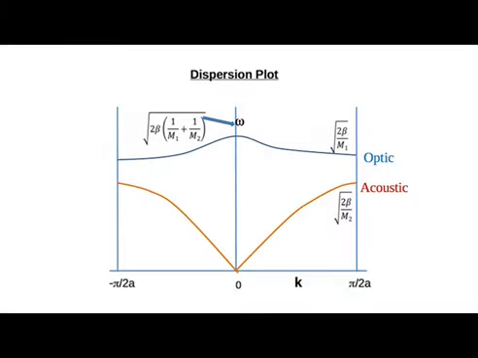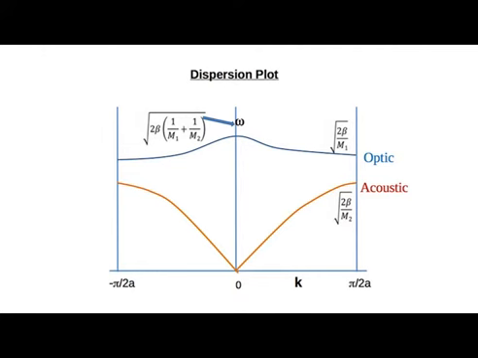Now, our task is to plot the dispersion plot. We already know the end points, k equal to 0 and k equal to pi by 2a. So, let us plot it. The branch shown in the red line in the image is omega minus, which has a 0 at k equal to 0, and at k equal to pi by 2a you have root of 2 beta by m2.